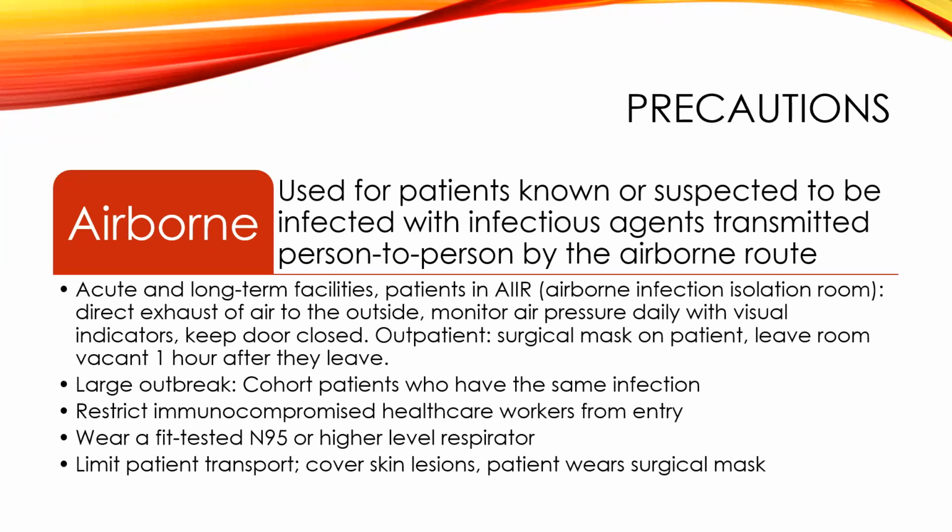These rooms have a little dial outside the door, but there's direct exhaust of air to the outside, and the air pressure in that room is monitored daily with a visual indicator, usually the dial that you see. It looks almost like a thermostat right outside the door, and their door is kept closed all the time just to maintain that air pressure.